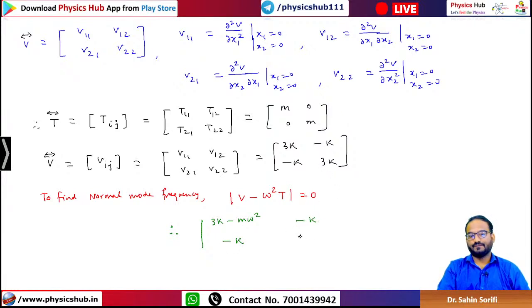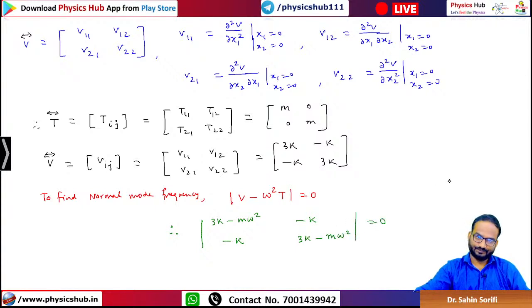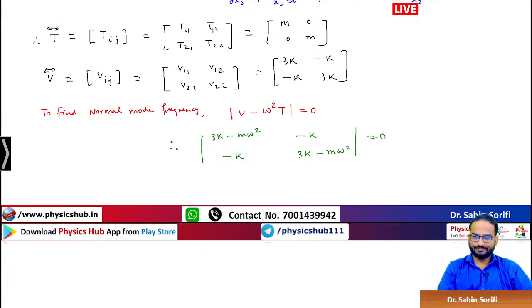Here 3k minus m omega square. Once again, this is equal to 0. If you just simply calculate, this will become (3k minus m omega square) whole square minus k square is equal to 0.